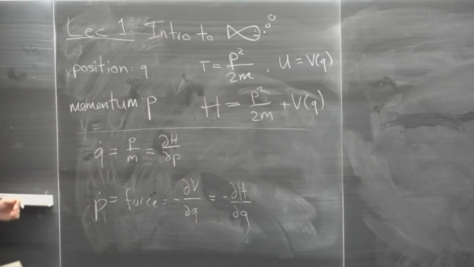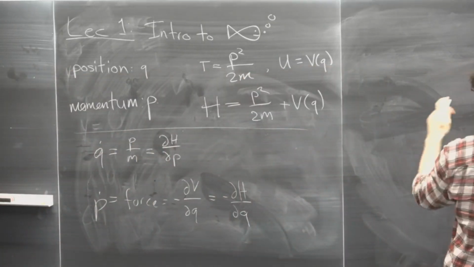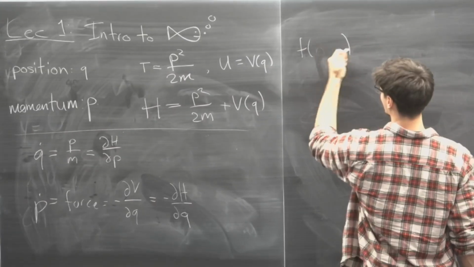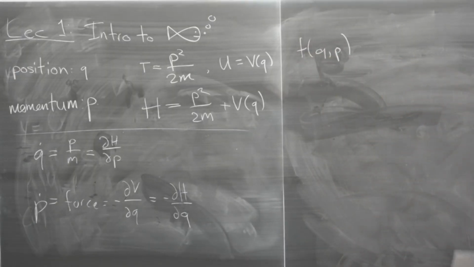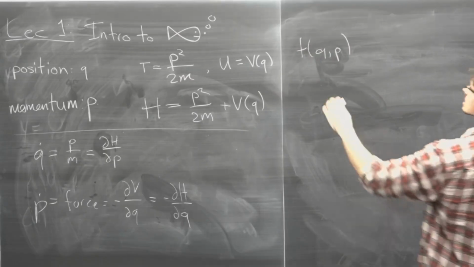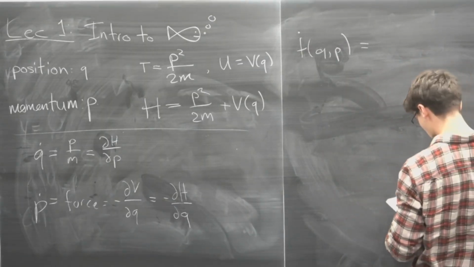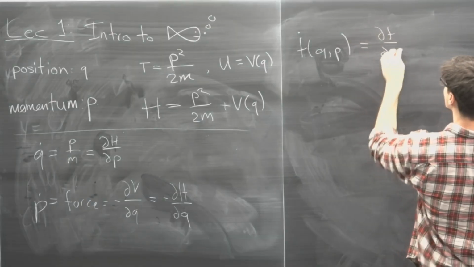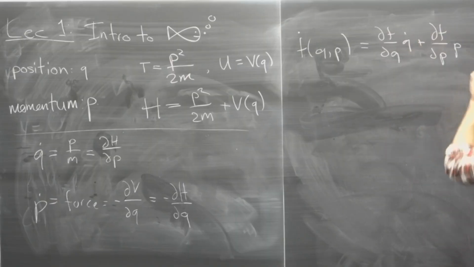And so this is all nice, and this is specifically stuff that we've seen in classical mechanics. But what if we have some other function of interest, which is dependent on our position and momentum, P and Q? Well, we know from multivariable calculus that the derivative of such a function by the chain rule is simply partial of f with respect to q times q dot plus partial of f with respect to p times p dot.